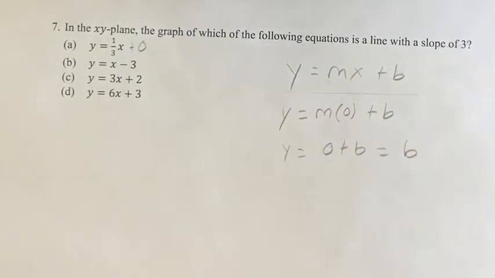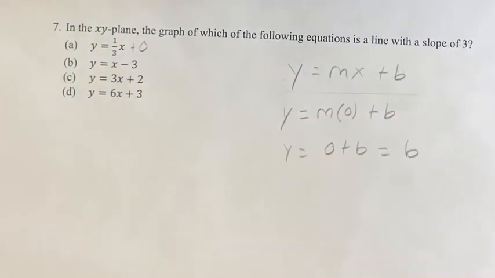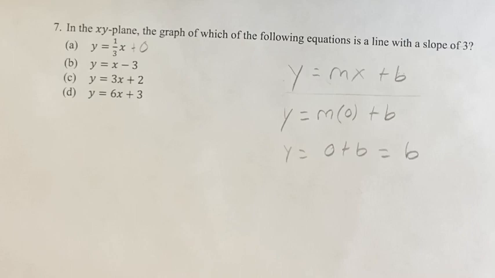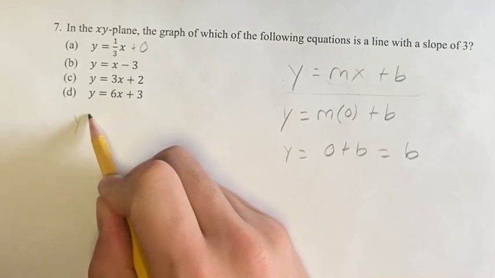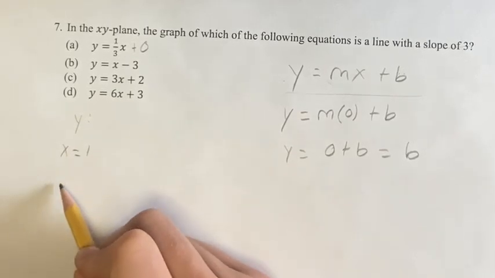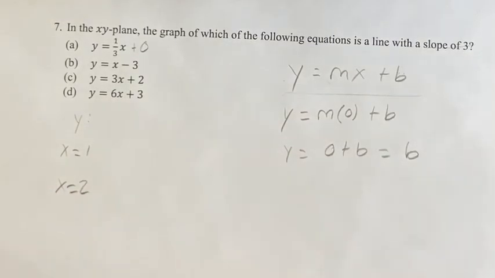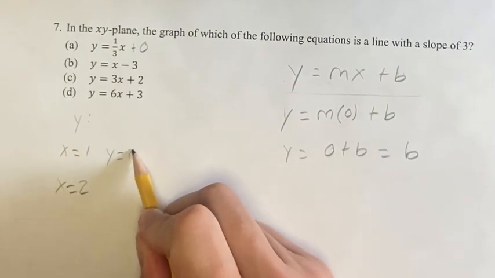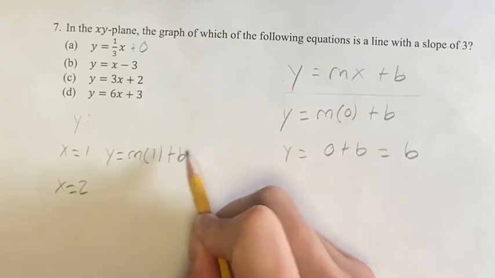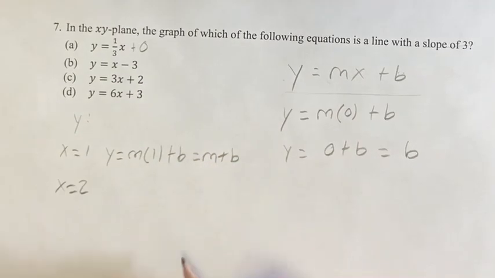What does m equal to? Well, m is the slope, right? It's the rate of change of y over x. To illustrate how that's the case, let's take y when x is equal to 1 and x is equal to 2. When x is equal to 1, y is equal to m times 1 plus b, which is just m plus b.